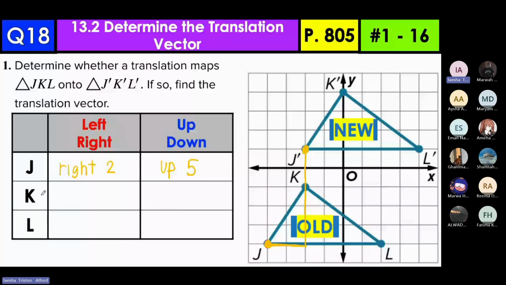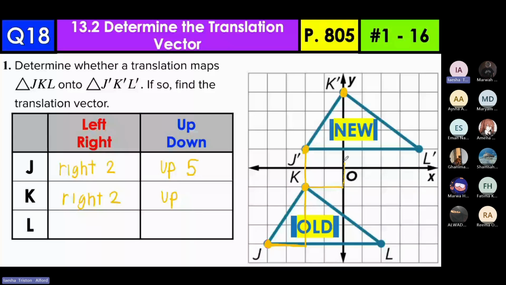Now we want to go from K to K prime. So here is K, and here is K prime. Are we going left or right? Right. How many? 2. Right 2. But then 5 up. 1, 2, 3, 4, 5.